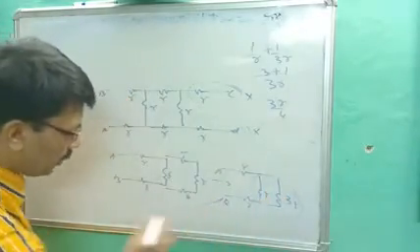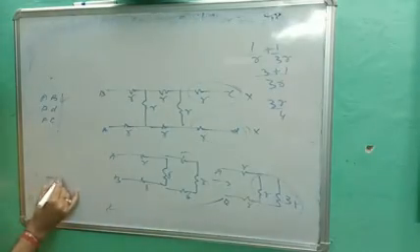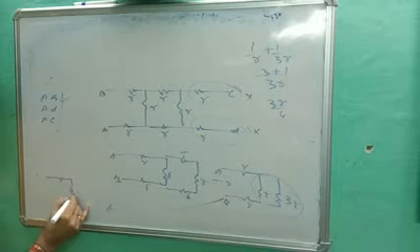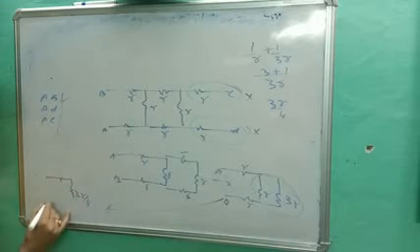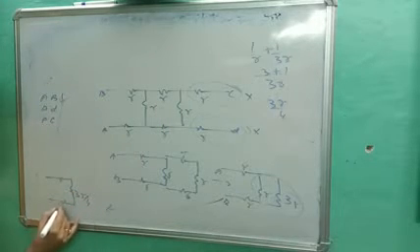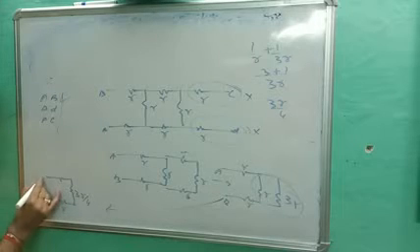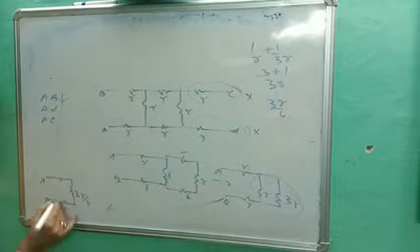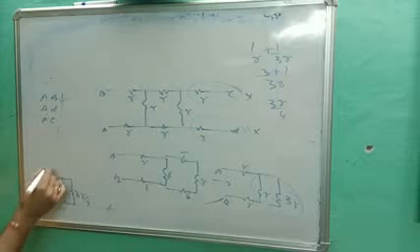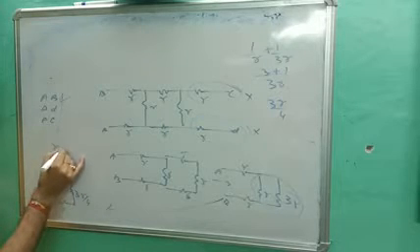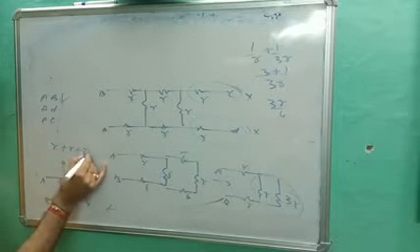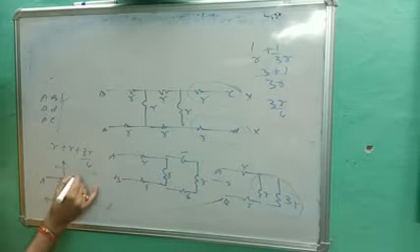So our new diagram is here: 3R by 4, and this is the value R. This is point A and B. Now all are in series. So it becomes R plus 3R by 4. LCM is 4.